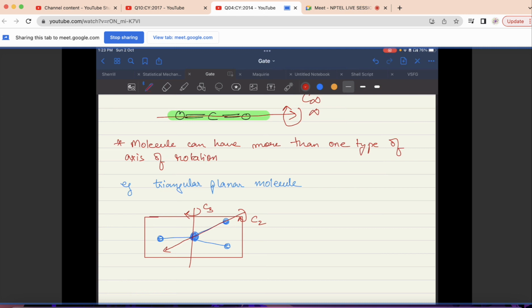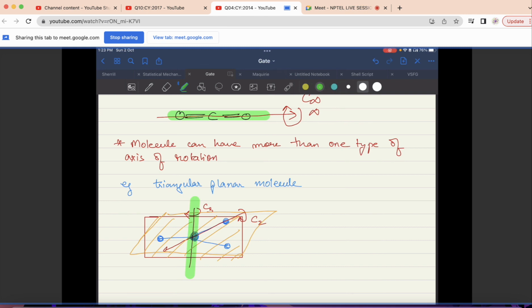Let's say this is a plane, a horizontal plane, and the molecule is lying on the plane horizontally, and you can see that there are 2 axes of rotation I have drawn. So one axis of rotation is here, this is the C3.